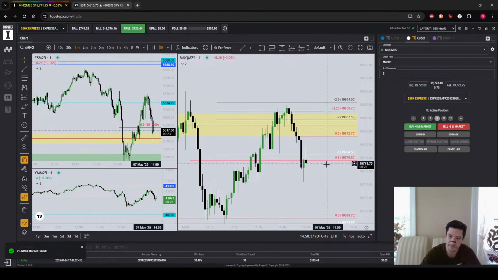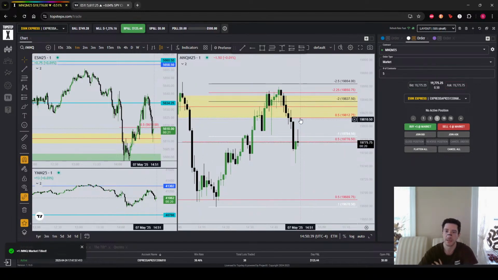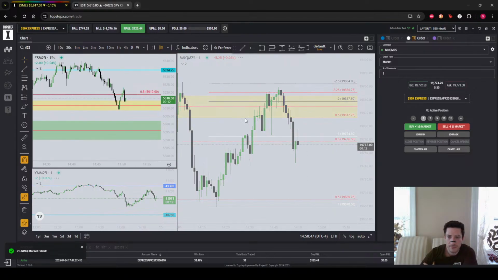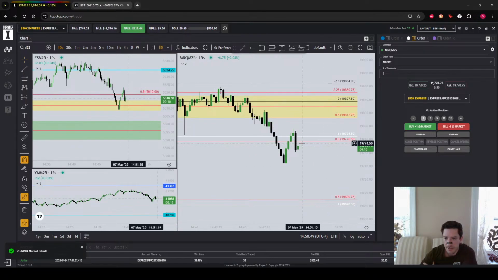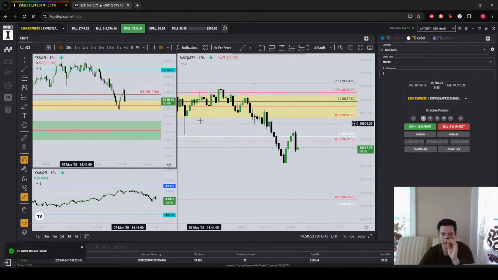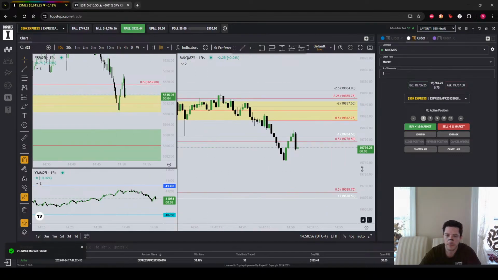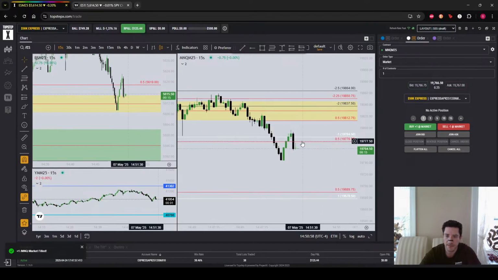I like that rejection at the equilibrium here with bodies. Come on, that's not safe. If it comes up and stuffs it here, then I'll take another short. Breakaway gap maybe.